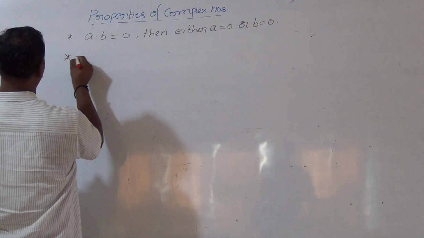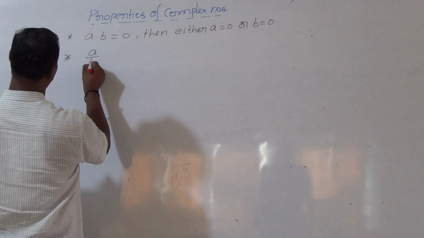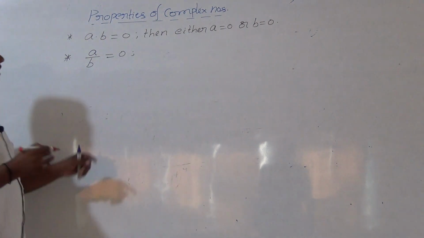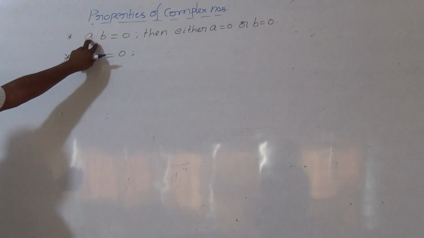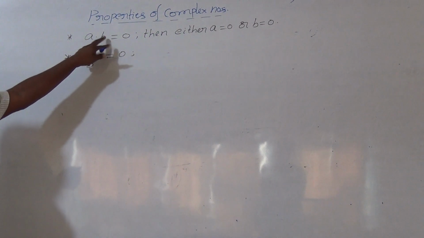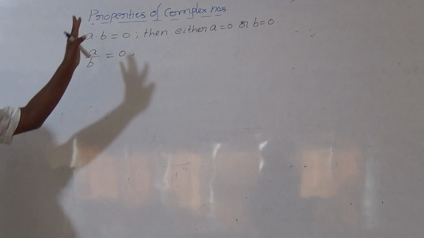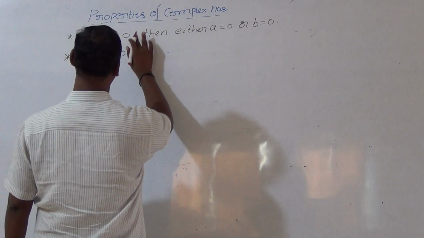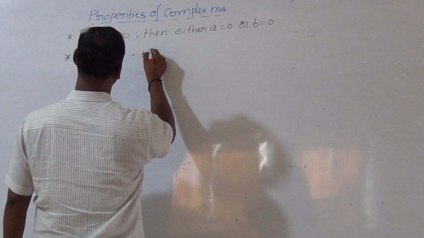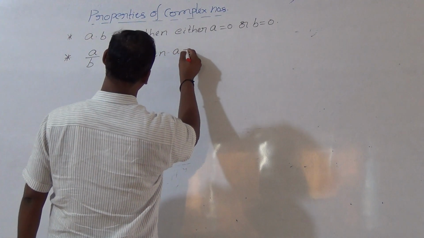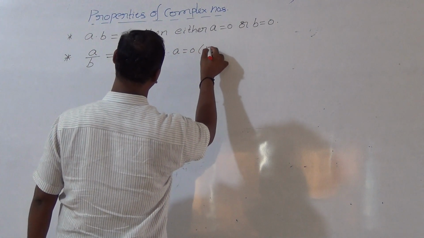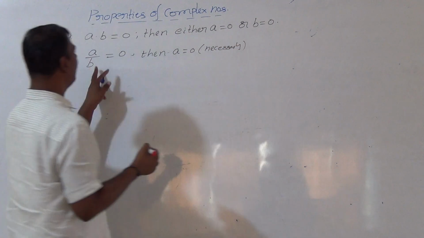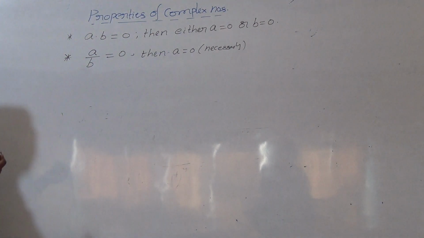And next, the second property, A upon B is equal to 0. I hope you understand these properties also. In the product form, A into B, either A is 0 or B is 0, any one of them 0. A by B equal to 0. In this case, A only is 0, necessarily A should be 0, important.